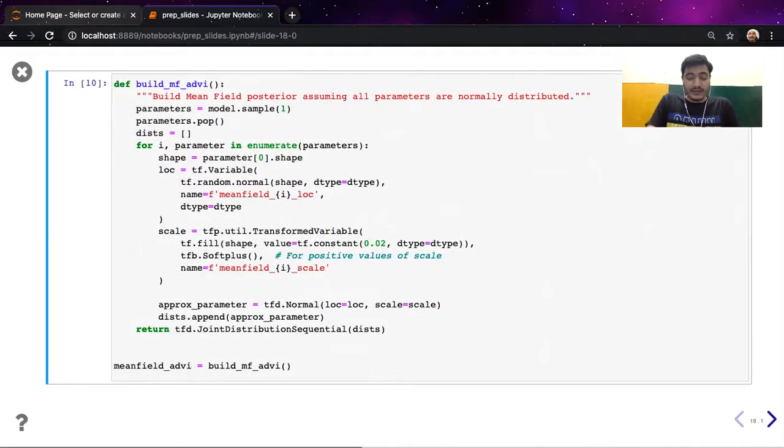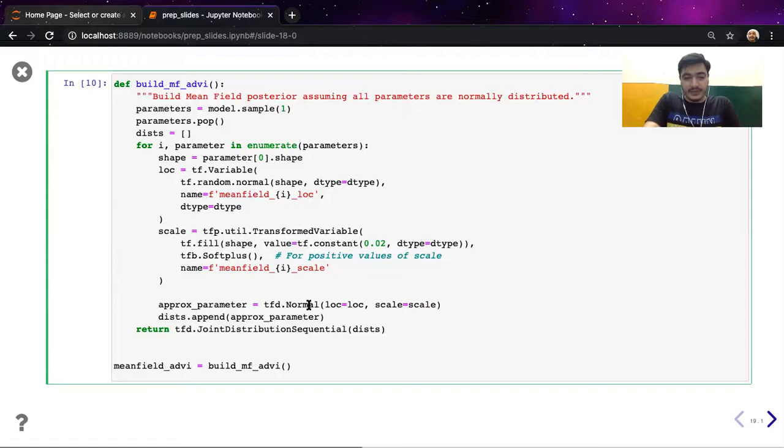That's how we're going to define the normal distributions for each parameter of the model. We know there are two parameters, the mean and standard deviation. We're going to first take a sample, remove the likelihood term, and approximate each parameter by a normal distribution.